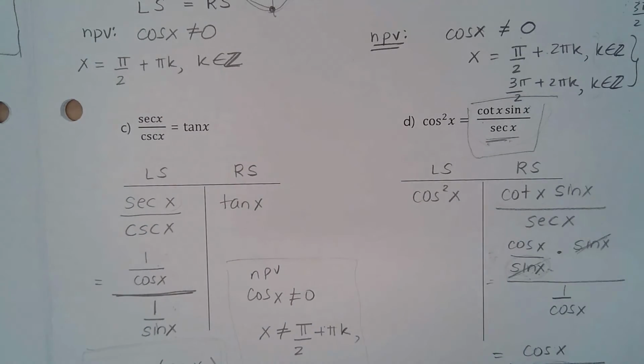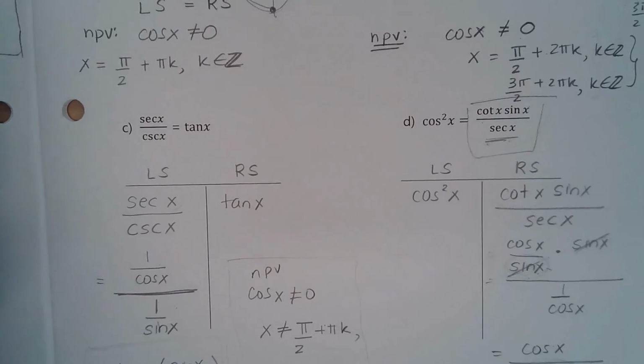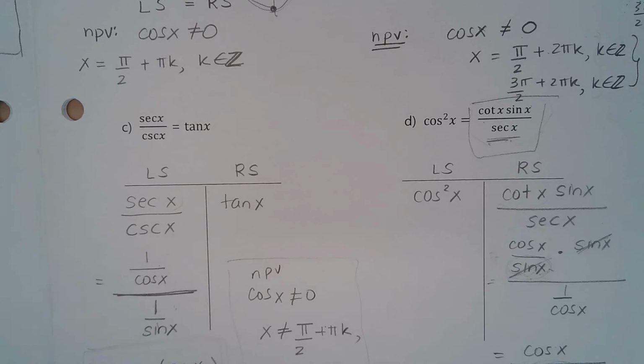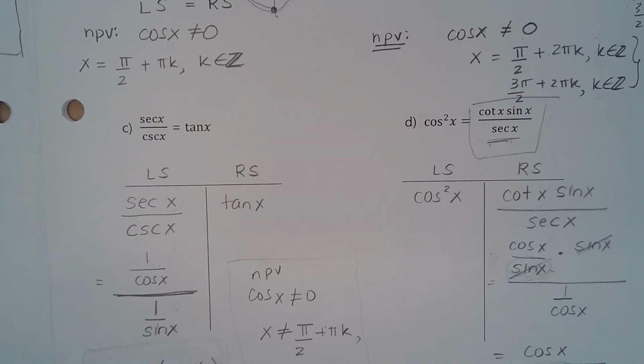So these ones are going to have non-permissible values at pi halves, and 3 pi halves, 5 pi halves, negative pi halves. Yeah, because it's tan and the tangent. It makes sense for us.